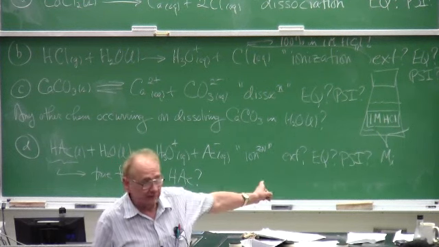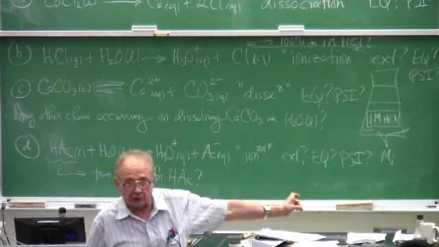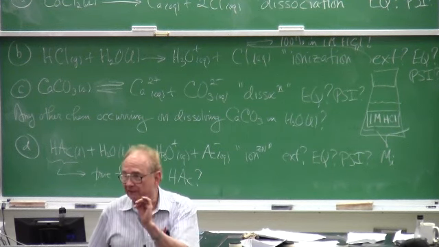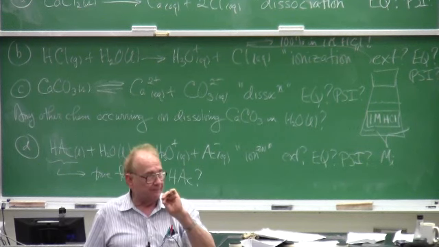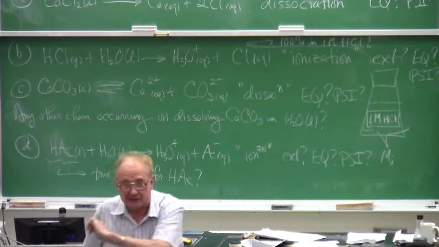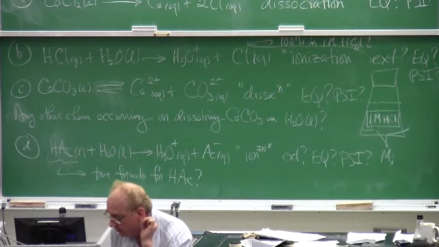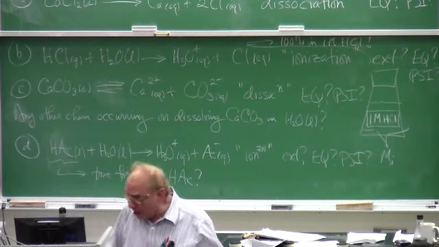Because when I write formulas, I try to write them so that they keep with structure. Do you remember learning in 2045 that the most important property by far of any species is what? What is it? Structure! Structure!